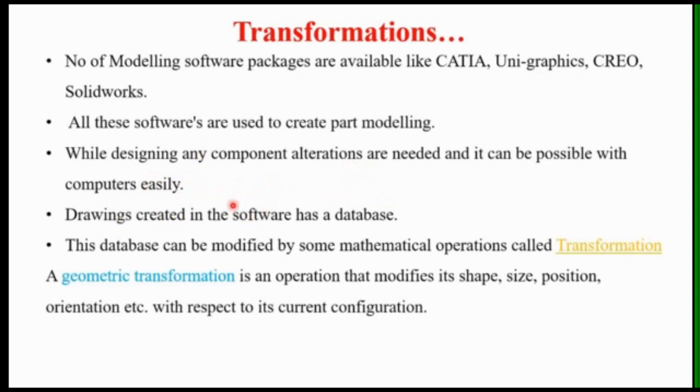Then again, these drawings are created in software like CATIA, Unigraphics, Creo. These softwares have a separate database. That means in the software database, some models are already created with the help of these equations, as we saw in the previous lecture on geometrical modeling.